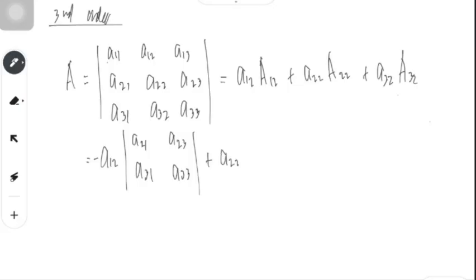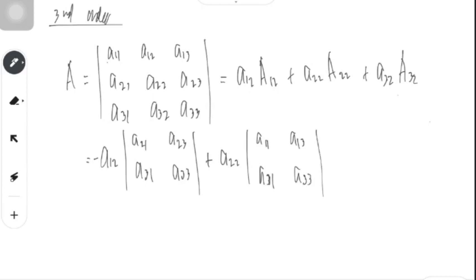Okay? Then, delete the row and column containing that element. What is left is A11, A13, next. The last, A31, A33.